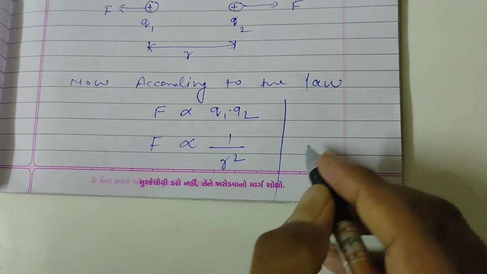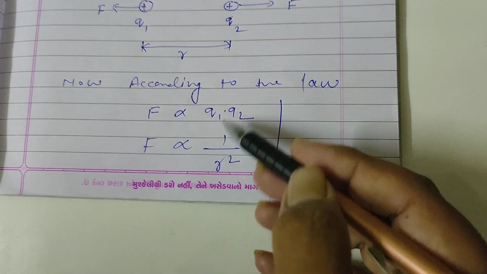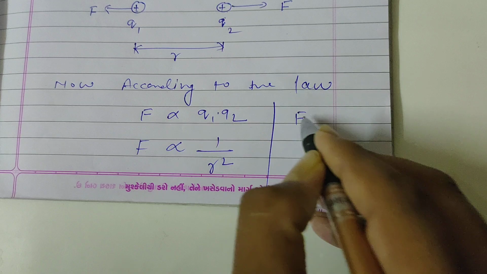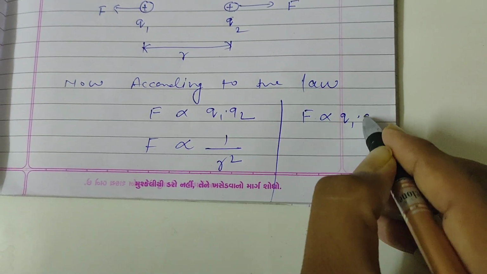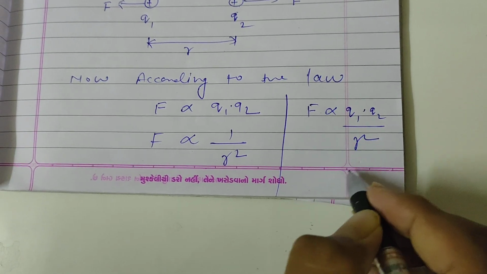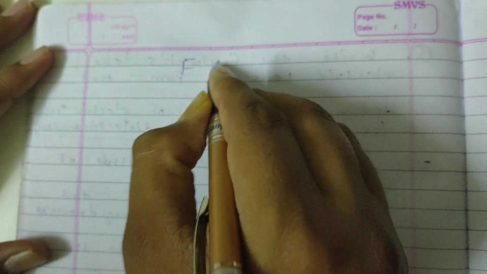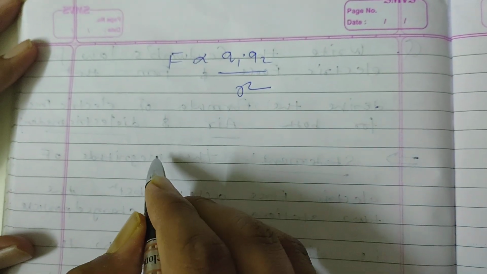As we know, if the same physical quantity is proportional to different physical quantities, we can write them together like this: F is proportional to q1 into q2 by r square.